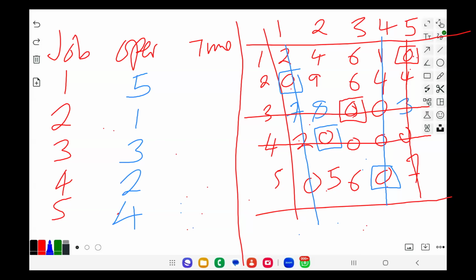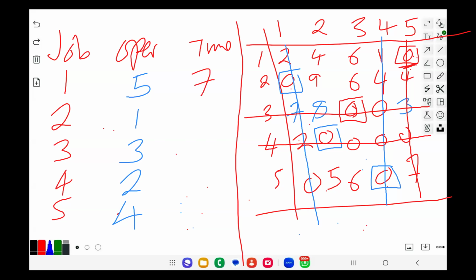The original question, the table that we started with, had a number on position number 5, and that number was 7.